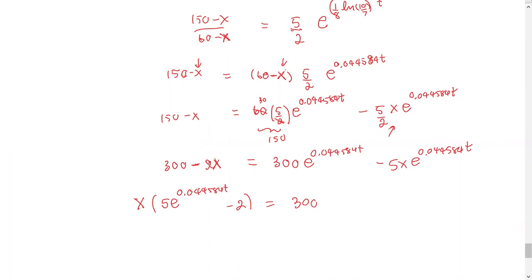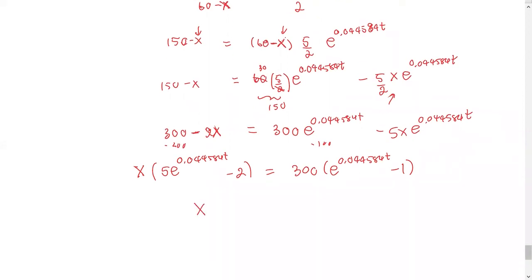Subtract 300 from both sides. So you have the common factor 300 e to the 0.044584 t minus 1 from subtracting 300 from both sides. And factor the common factor 300 out.